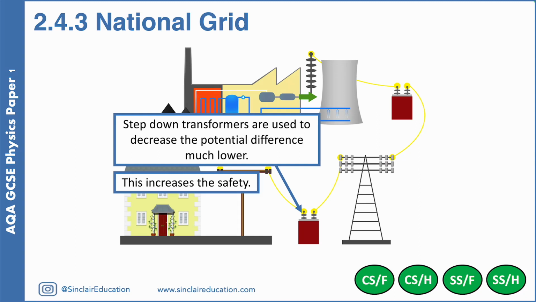So 230 volts goes into our homes, but it's a much higher voltage in the cables as part of the national grid coming to our homes. We lower that down for safety. Usually it's such a short distance from the step-down transformer to your home that the heat transferred because of the higher current at this point isn't so much of a concern.